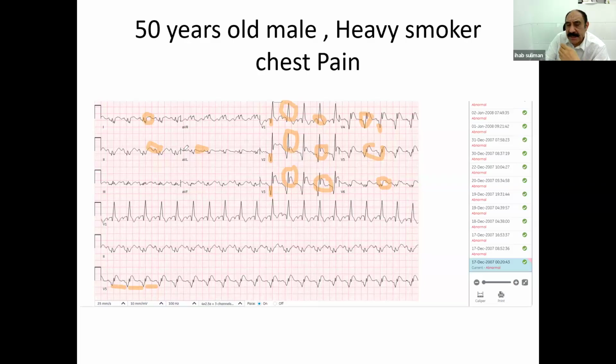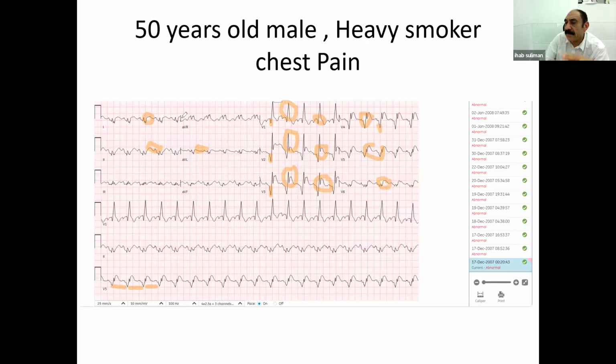Initially in the ER, we would put him onto a monitor because this type of patient can easily develop ventricular fibrillation or ventricular tachycardia. So attachment to a monitor is crucial. We need to put in 2 IV lines, 1 IV line for medications, the other to extract blood for troponin I, CK-MB, and other cardiac biomarkers.